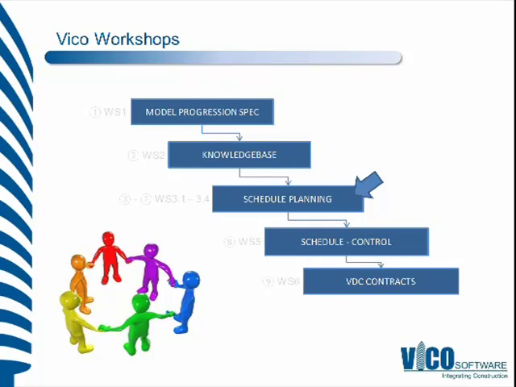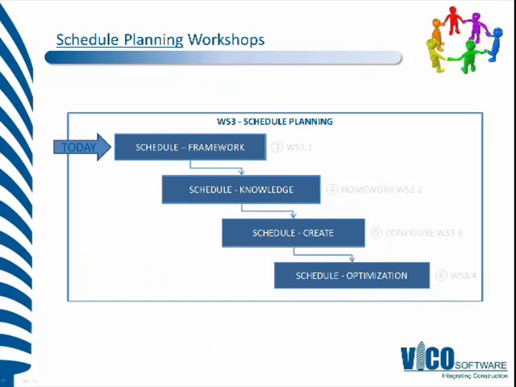using these systems. So let's look at this schedule planning workshop set, broken down, as I say, into 4 different steps. First of all, we have a framework workshop, which is defining the location breakdown structure and the sticky note exercise. We have a knowledge step where we assign homework to fill in the gaps, to make sure that we have all of the production information necessary in order to, at the next step, create the schedule.